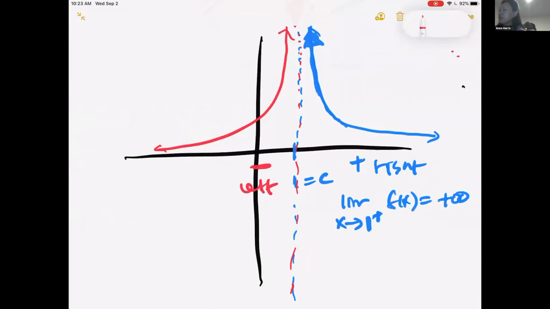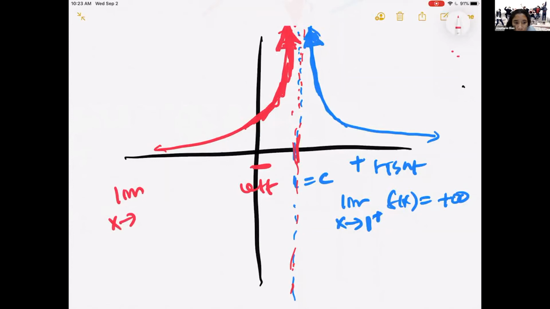Now let's look at the other side. This is the left-hand side. You look at this, this is your dividing line, right? So look at this graph now on the left-hand side, where does this one keep going? Positive infinity as well. From the negative side of this function is also positive infinity.